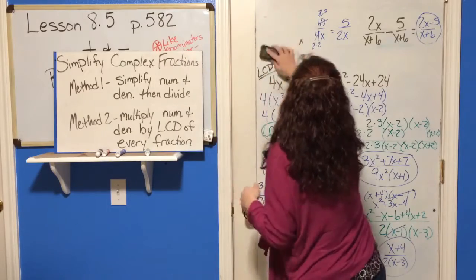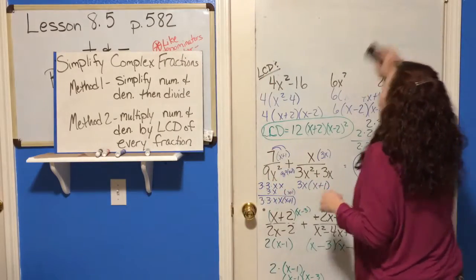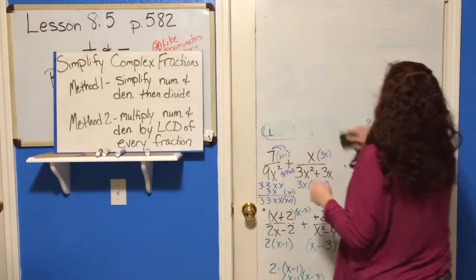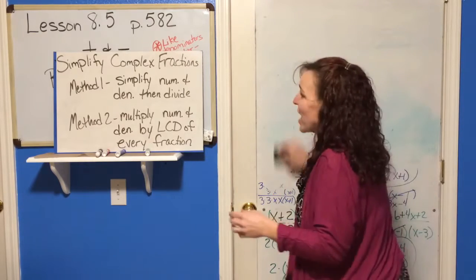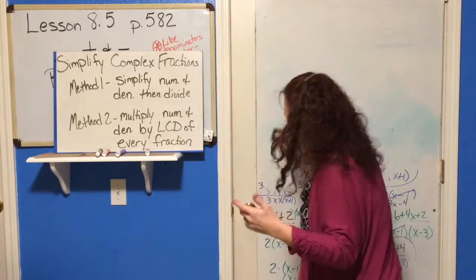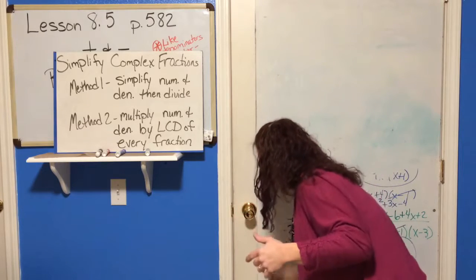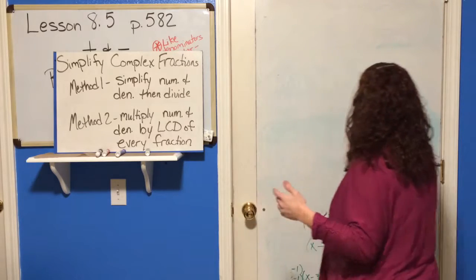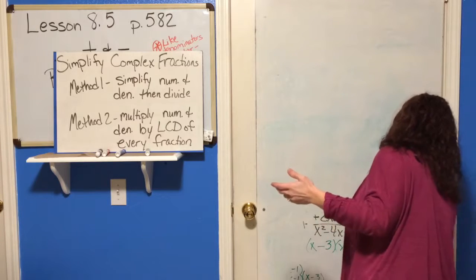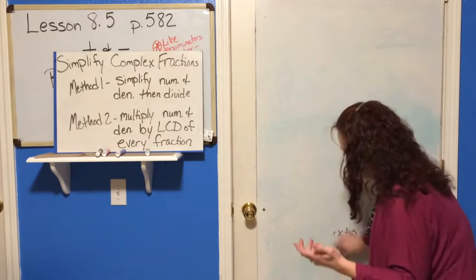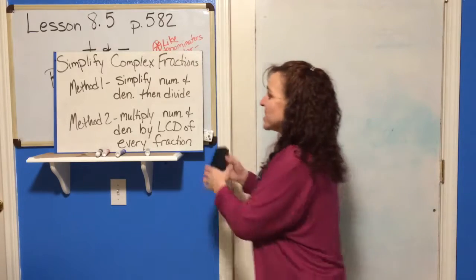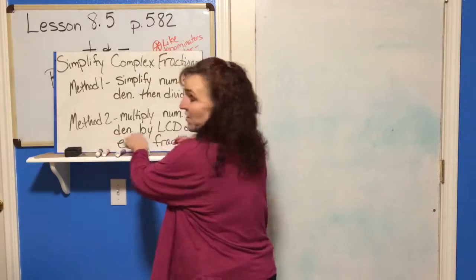A complex fraction is simply fractions within fractions. And you should know by now that a fraction bar simply means divide. So 2 over 3 means 2 divided by 3, and that's how you can change it into a decimal: just take the top number divided by the bottom number. That's because the fraction bar is a division bar.